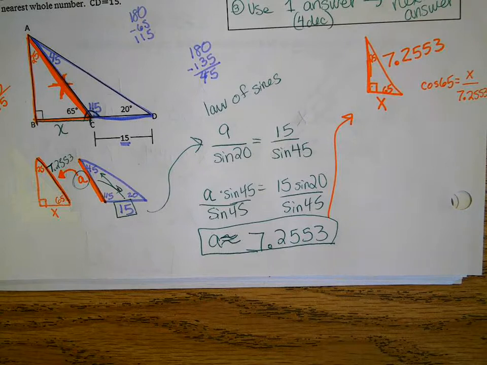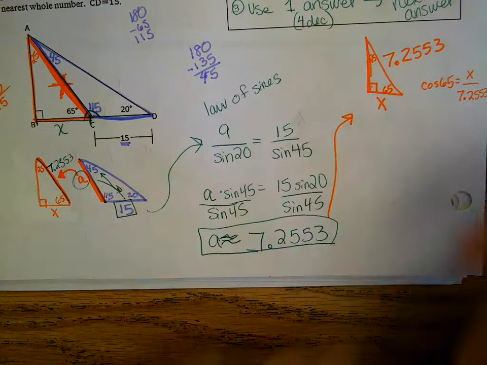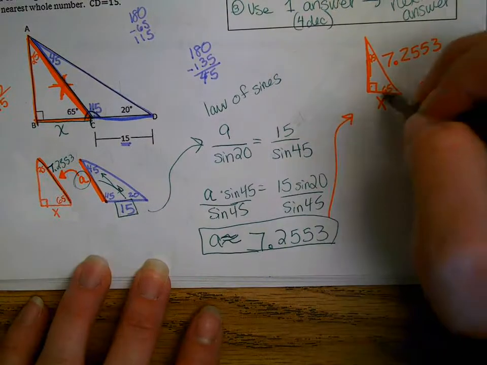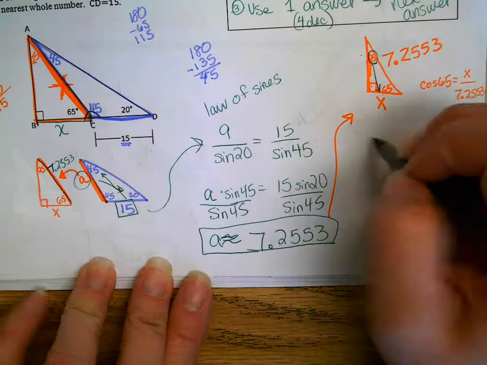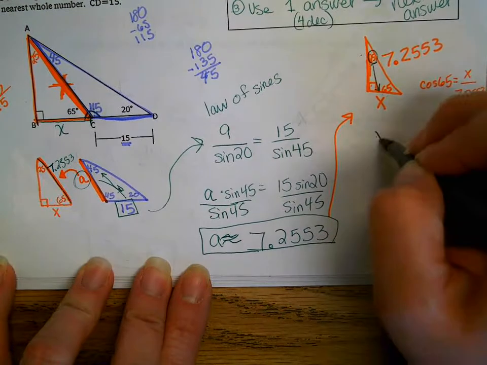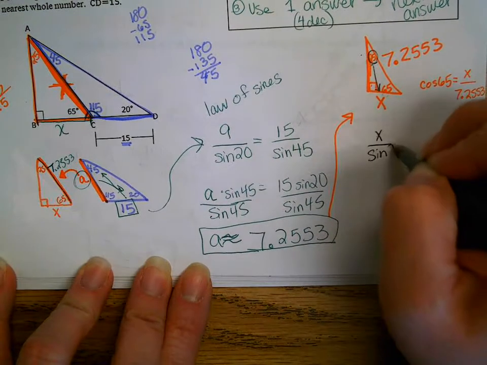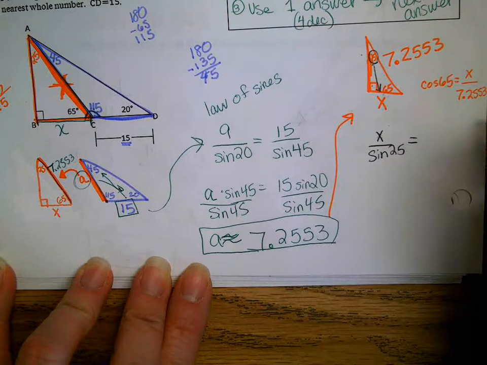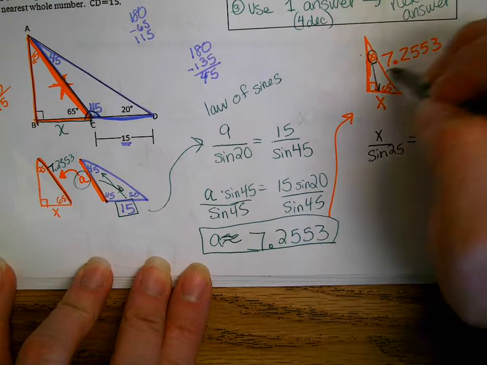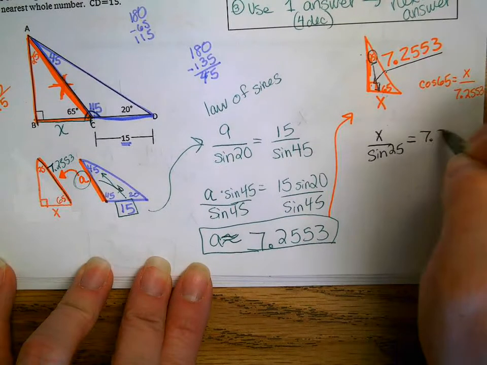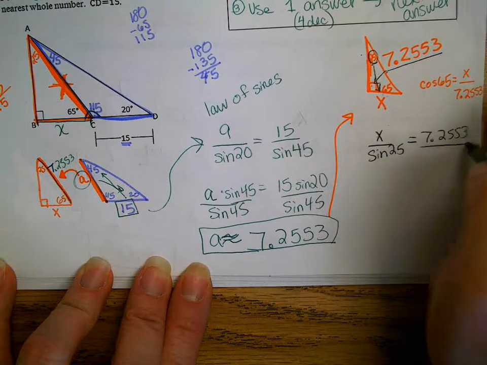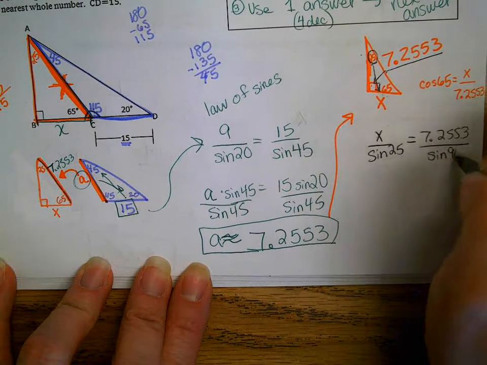Just to show you, law of sines actually works for all triangles. So our law of sines would be x is opposite the 25-degree angle. So we have x over sine 25 equals the hypotenuse we have over sine 90, 7.2553 over sine of 90.